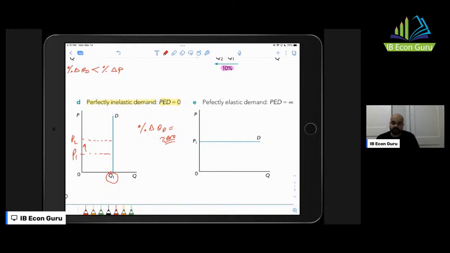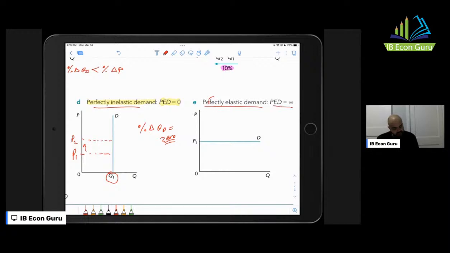Like, for example, someone who takes insulin for managing their diabetes. They're going to consume the same amount of insulin regardless of price. Their consumption of insulin is not responsive to changes in price. It depends on their doctor's prescription, how much insulin they need. So perfectly inelastic demand.